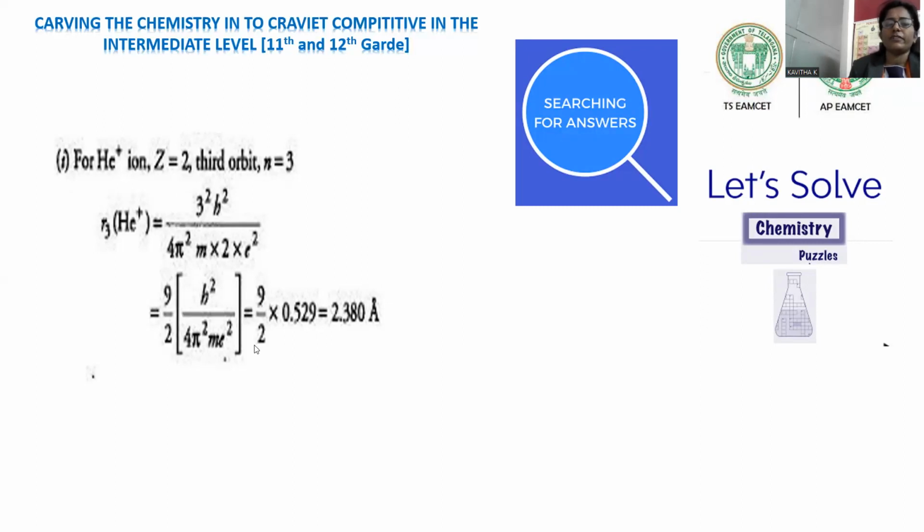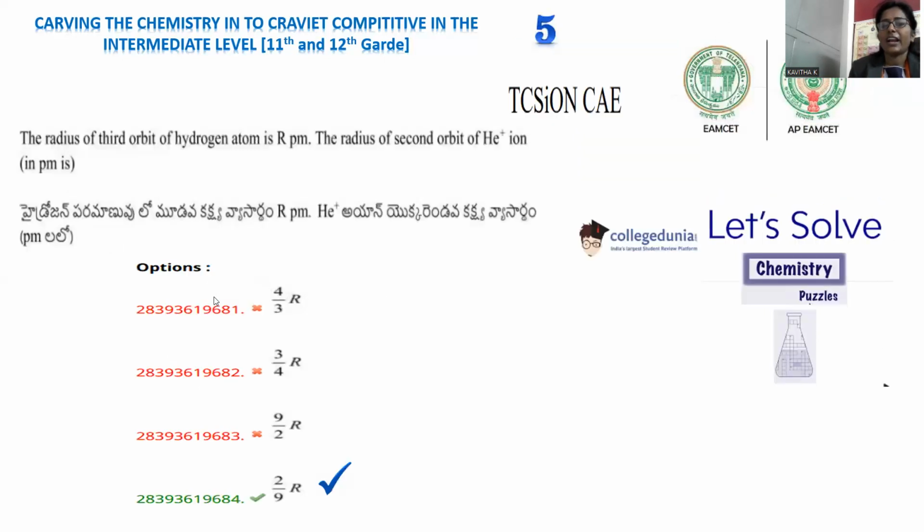If you substitute all the values, it is 9 by 2 into 0.529. h squared by 4 pi squared m e squared is the value for hydrogen. Hydrogen's value is given as R, so let's put R over here: 2 by 9 R will be the right answer. For question number 5, option number 4 will be the correct answer.